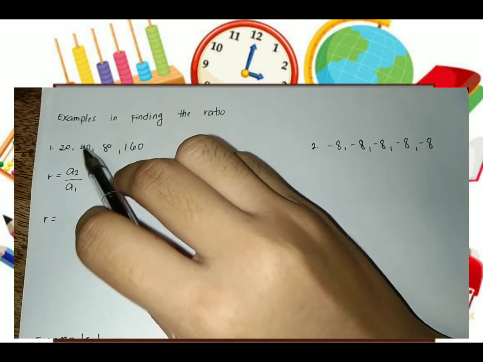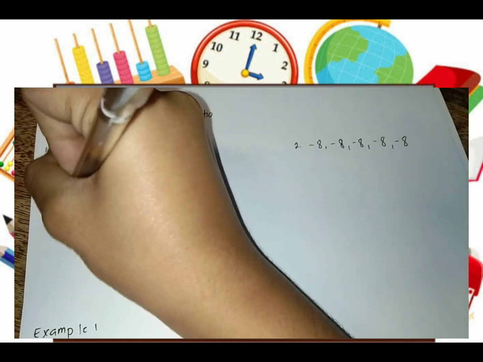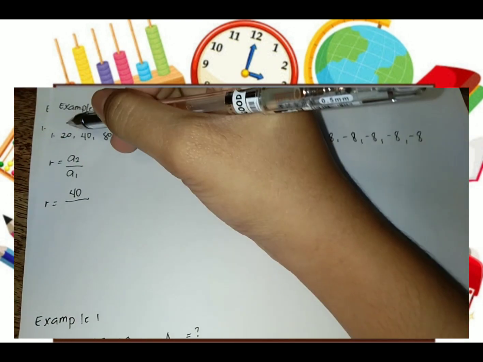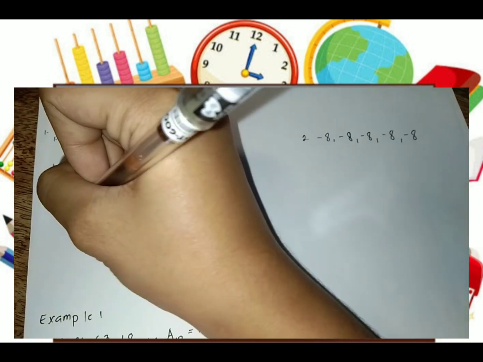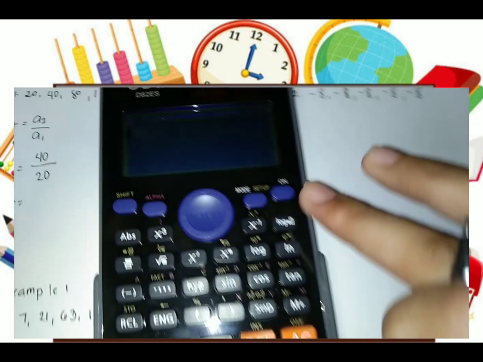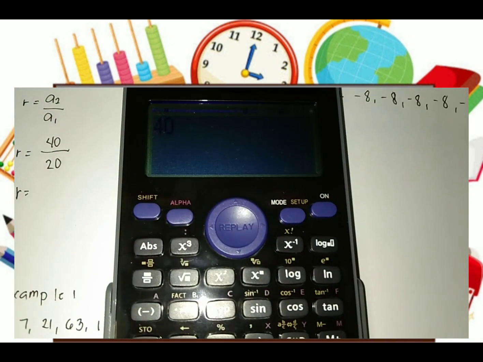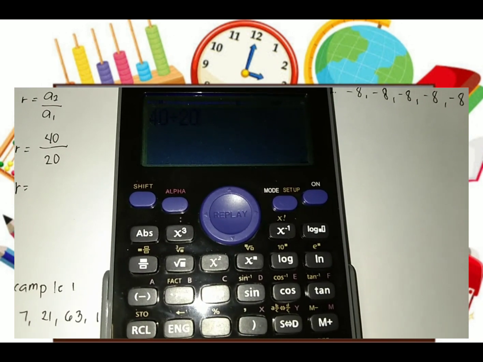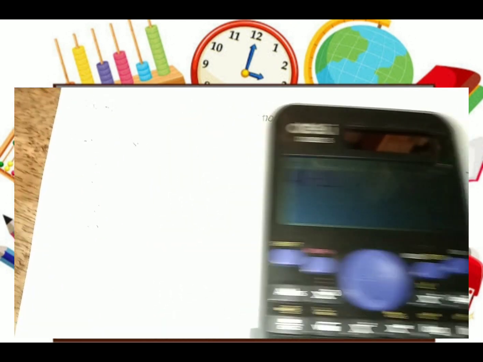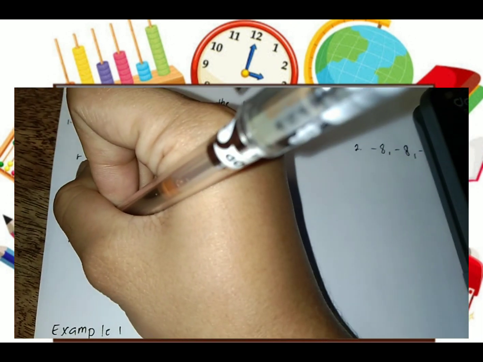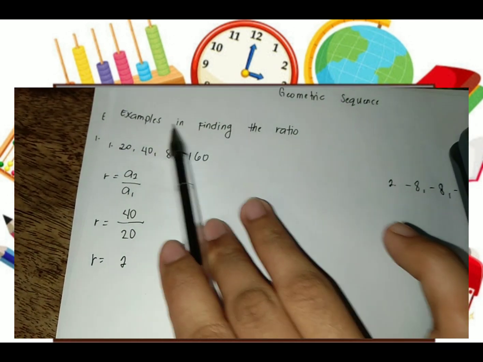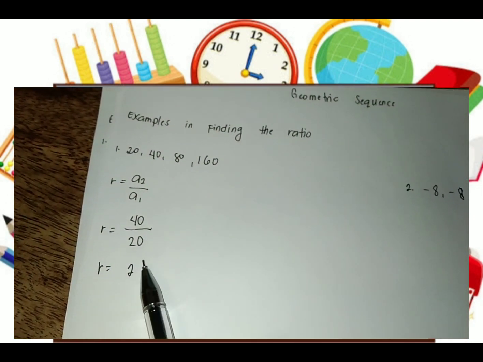Our a sub 2 is 40, and our a sub 1, or first term, is 20. If we divide, 40 divided by 20 is equal to 2. So the ratio of this given geometric sequence is 2.